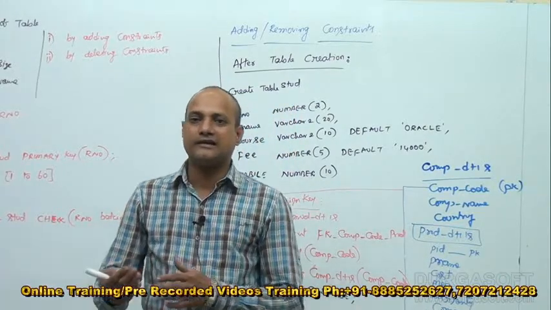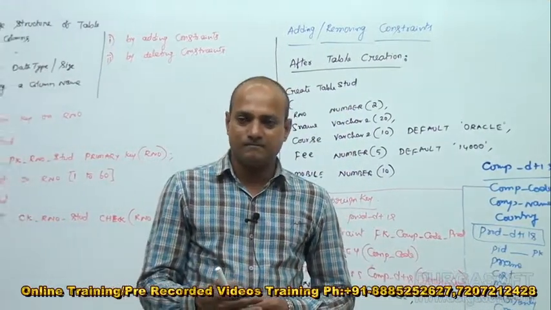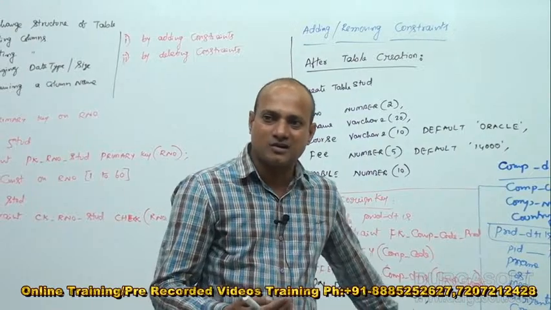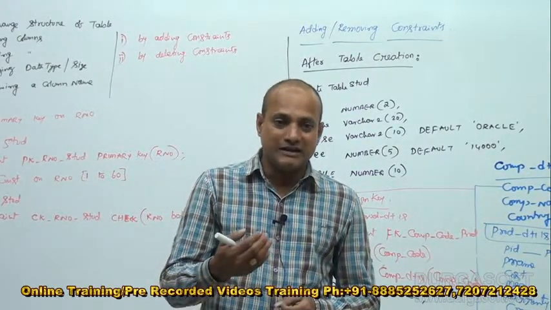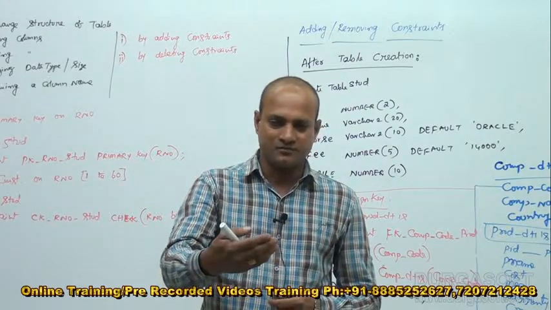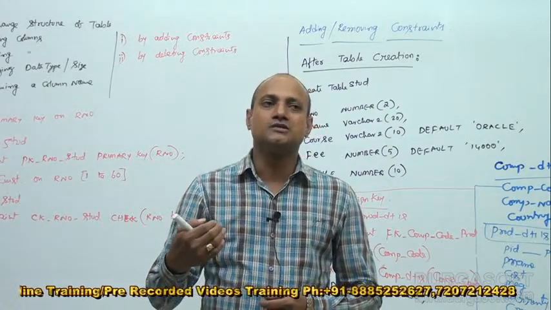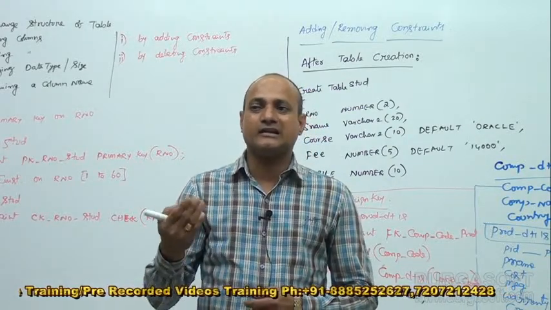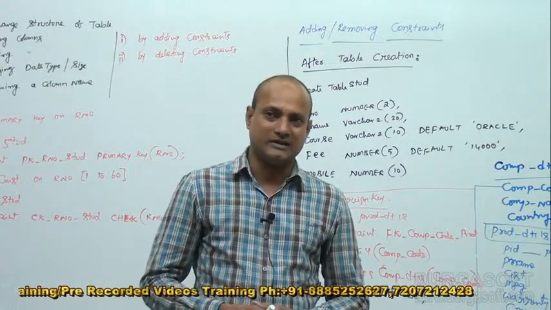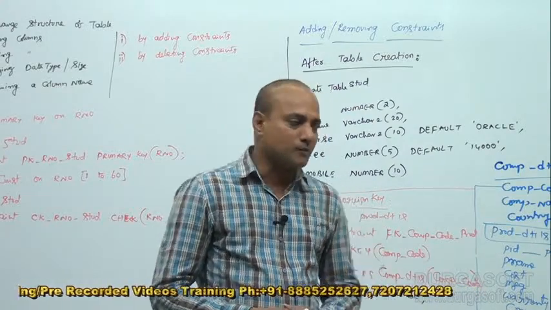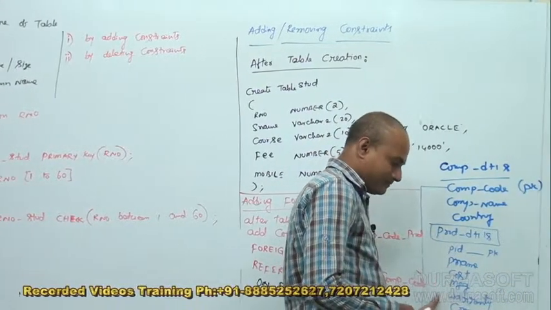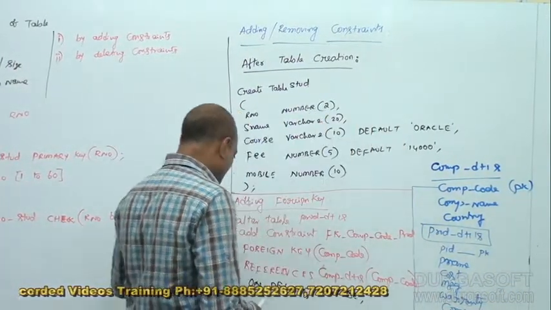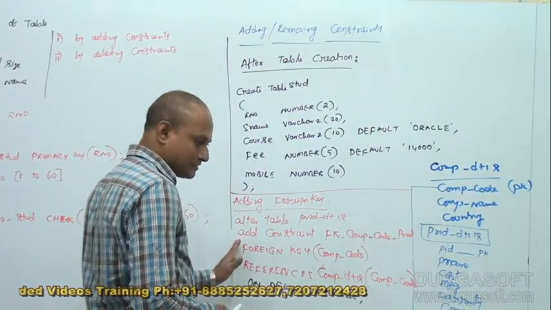If you delete the company 2 record from the parent table, yes, now you can delete, because on delete cascade was defined. In that case, if you delete company 2, then company 2 products will be deleted from the product details table automatically. So this is the way we can add a foreign key constraint.